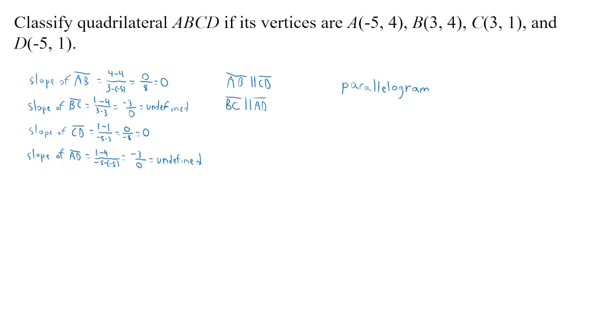All right, next we're going to look at the consecutive sides. The slope of AB is 0 and the slope of BC is undefined. Now when a line has a slope of 0, that means it's horizontal. If the slope is undefined, that means it is vertical. Therefore, we know segment AB is perpendicular to segment BC. And for the same reason, segment BC is perpendicular to segment CD.